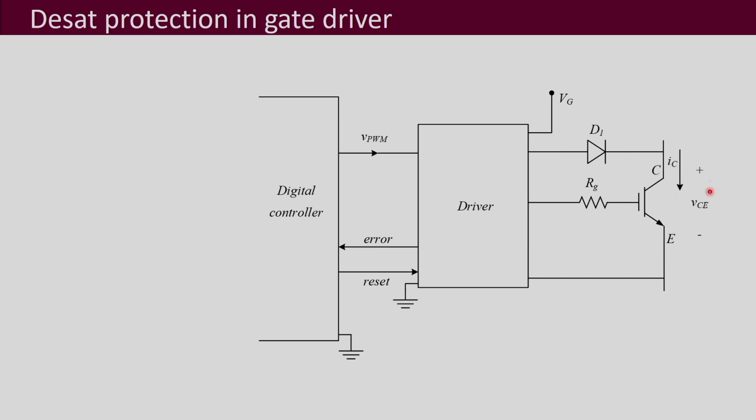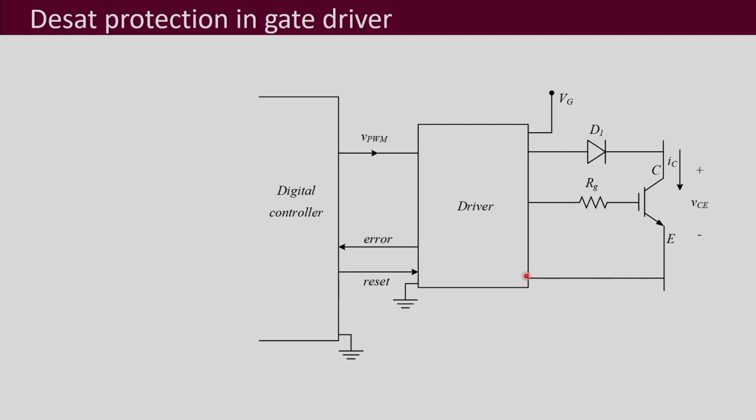Now, if we can sense this voltage VCE and compare it with what it usually is when the device is normally operating, that means in saturation, and it is greater than that, then we know that your device is facing overcurrent and it has to be switched off.